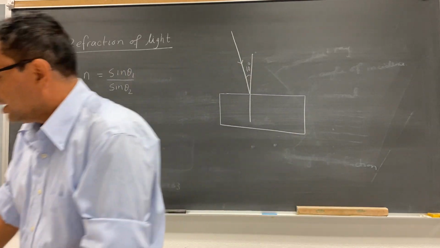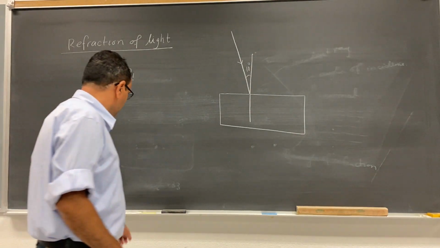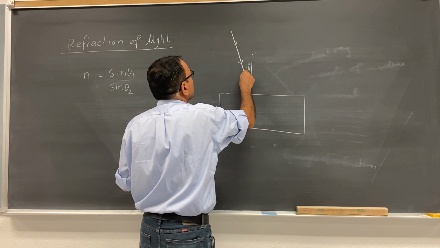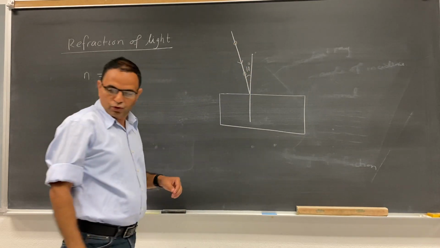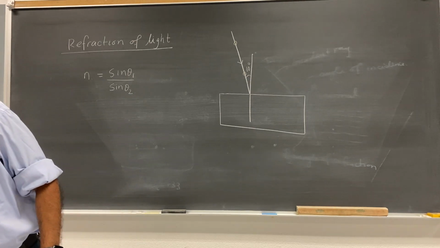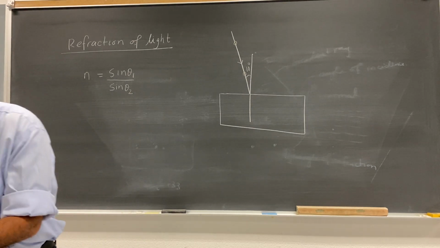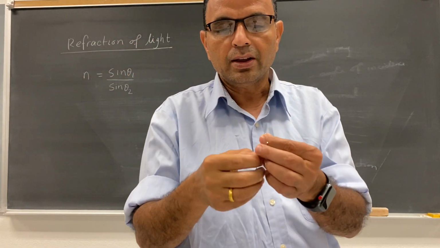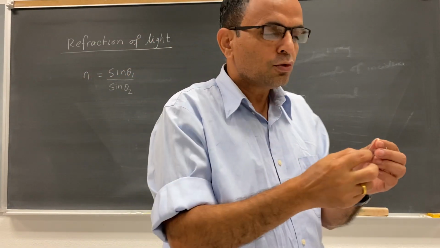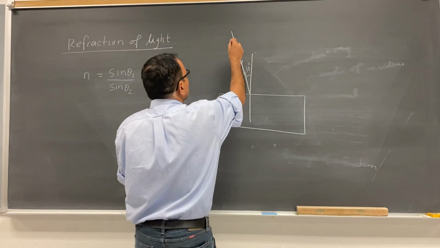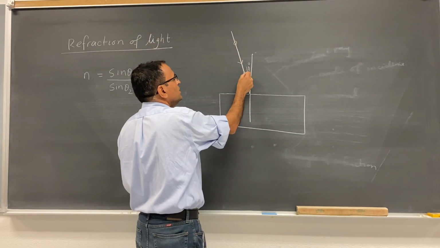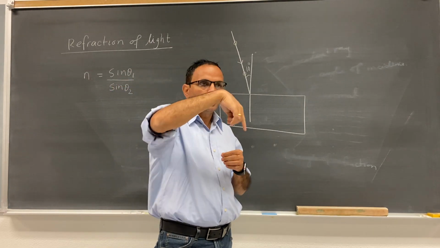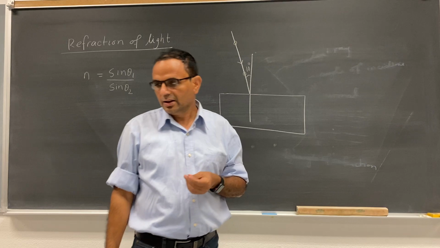Right here and there you put two pins, like needles. One pin here and another pin there. They have to be in a straight line and perpendicular to the surface.